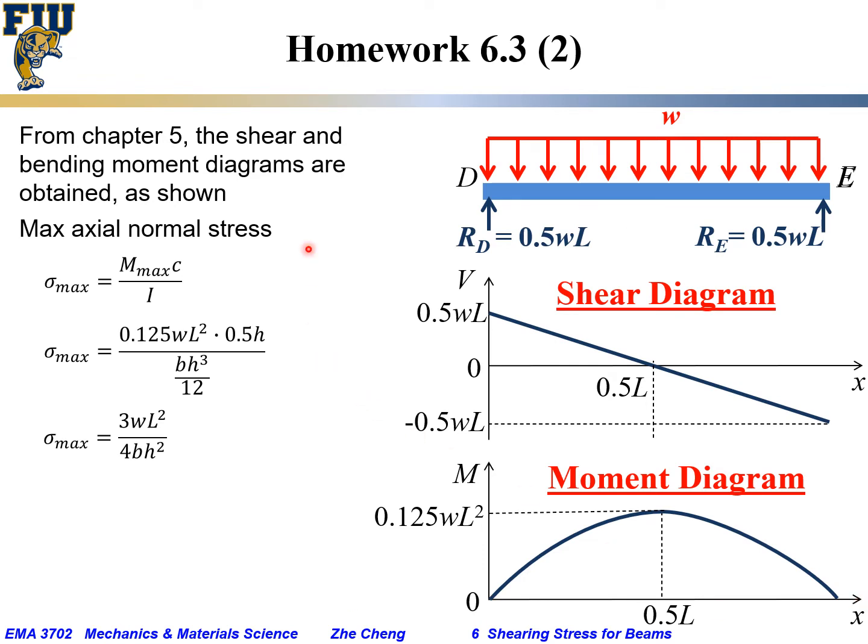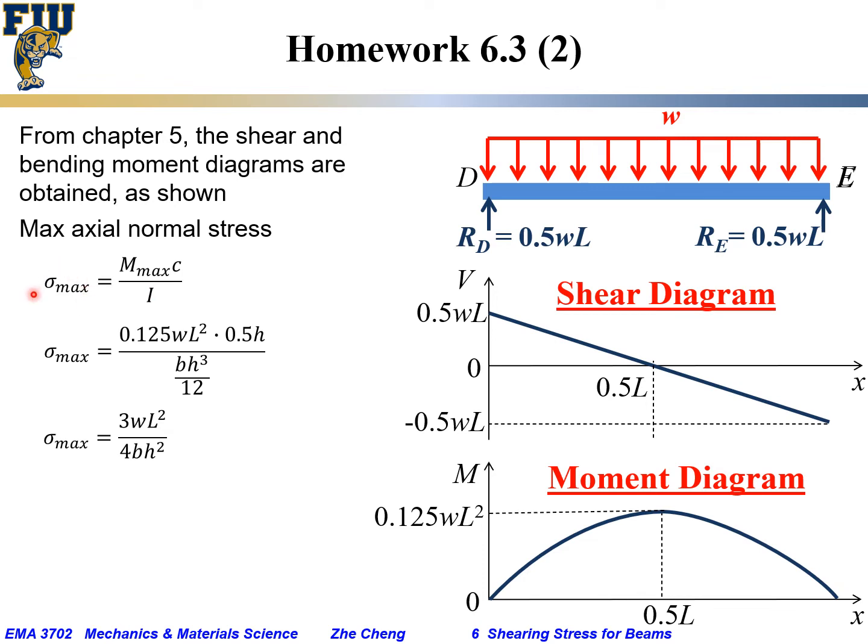So let's consider the maximum axial normal stress. From what we learned before, axial normal stress would be Mc over I, where M is the internal bending moment, C would be the maximum distance one can be away from the neutral surface, and I would be the moment of inertia of the entire cross-section.